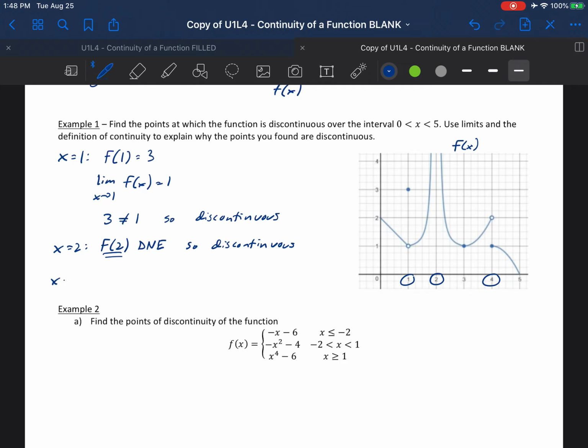And at x equals 4, if I look there, from the left side the limit is 2, and from the right side of 4 the limit is 1, so this limit doesn't exist. The function is defined, but the limit's not defined. Okay, so at 4, the limit as x goes to 4 of f of x doesn't exist, so it's also discontinuous.